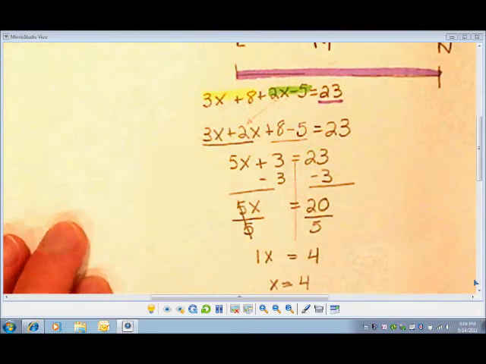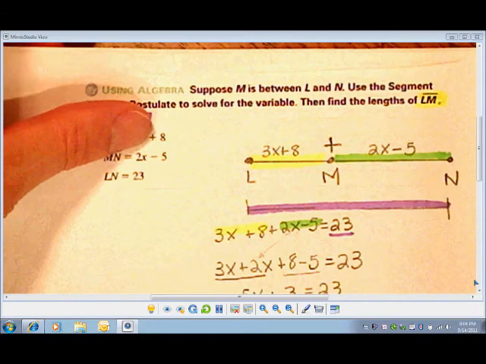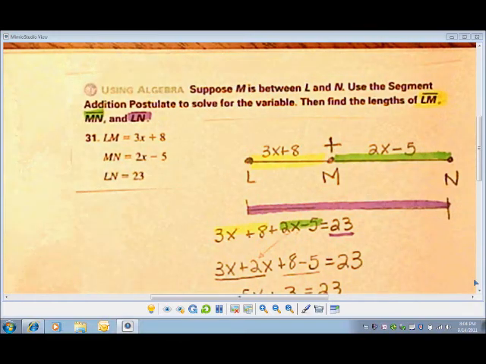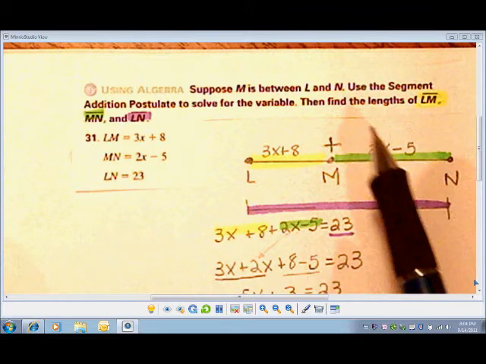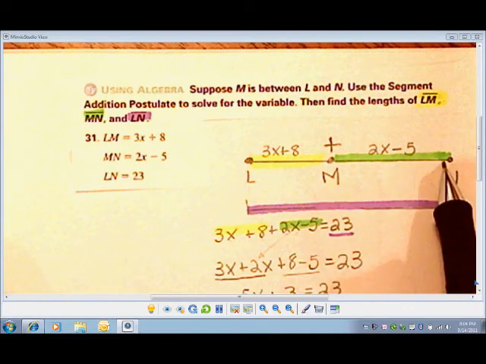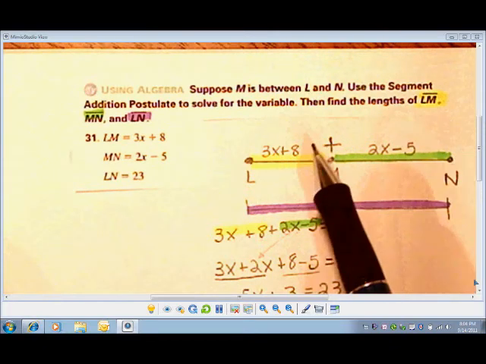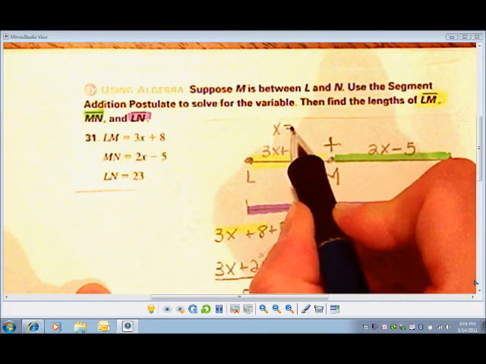Is that my answer? Well, let's go back and see what the question asked. The question is not asking me to find x. The question is asking me to find the lengths of this and this. But remember, I discovered that x equals 4.